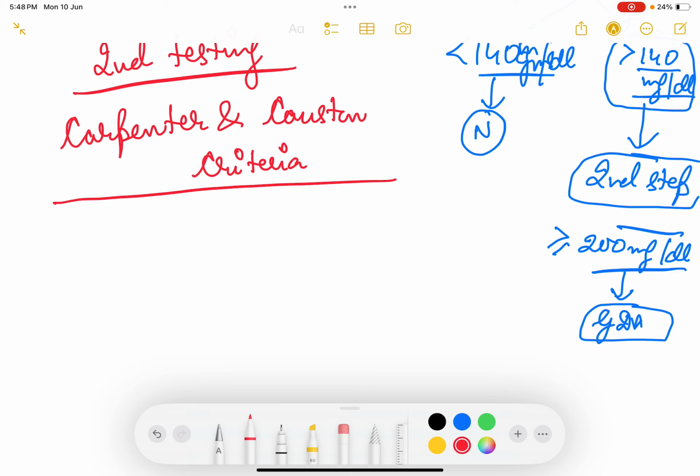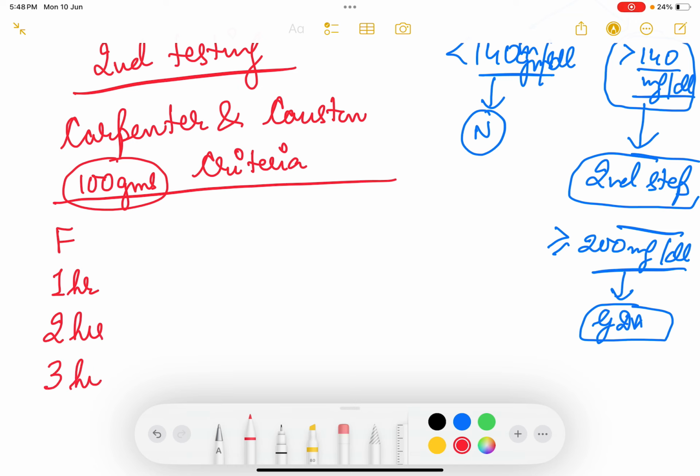You first take a fasting blood sugar, then you give 100 grams of glucose, a higher challenge, double the dose. Then after 1 hour you take one blood sample, after 2 hours another sample, and after 3 hours another. So 4 samples are taken in the Carpenter and Coustan criteria.